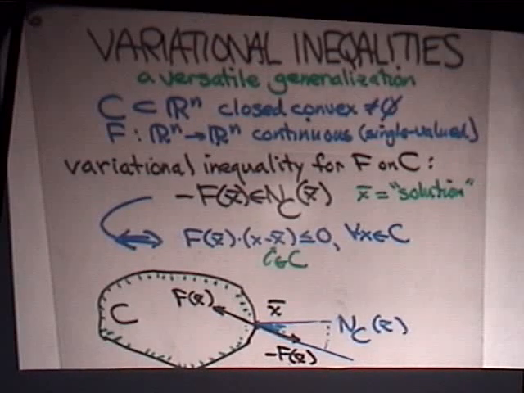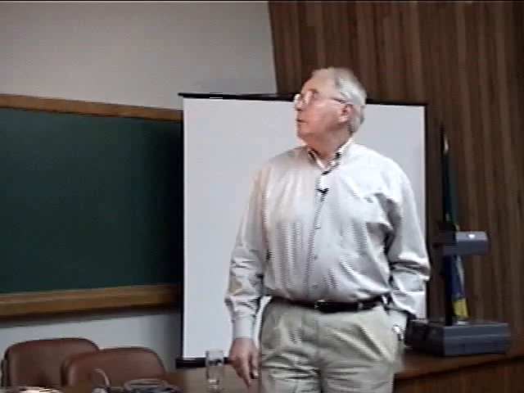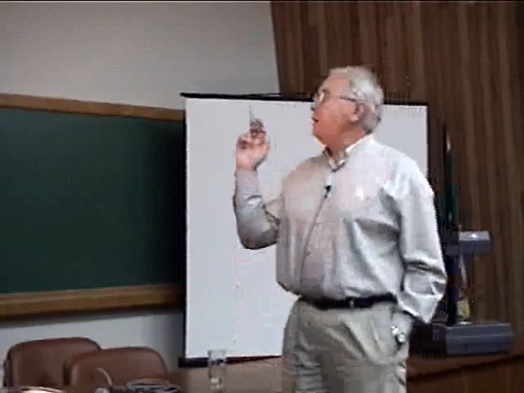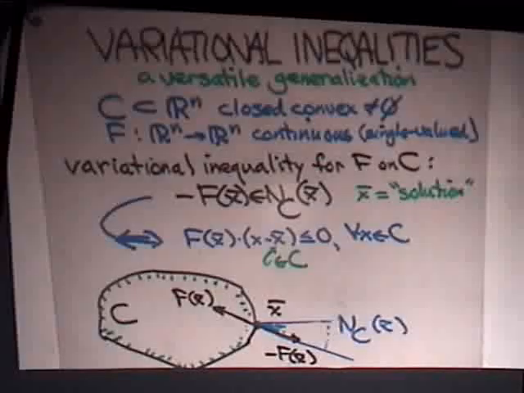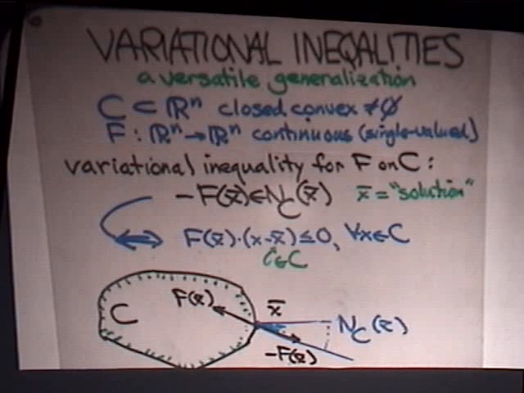So we have a closed set, but now instead of a function, f, a real valued function, we have a mapping from Rn to Rn, which is, in this case, a continuous single-valued mapping. And we have a condition relating f to C. And this condition is the one there.